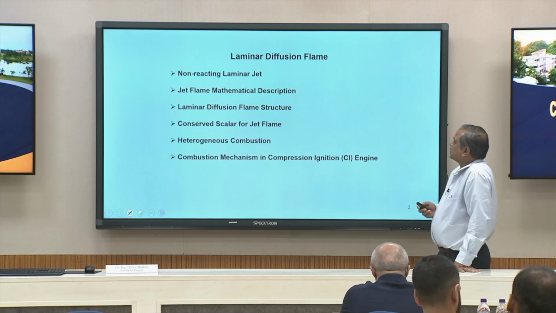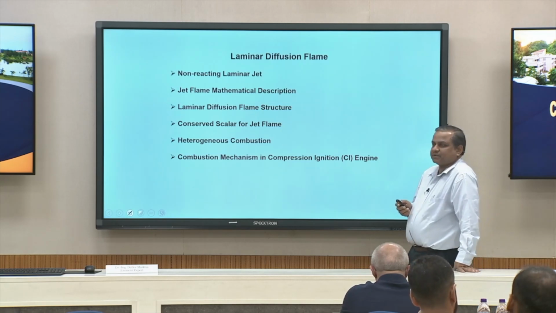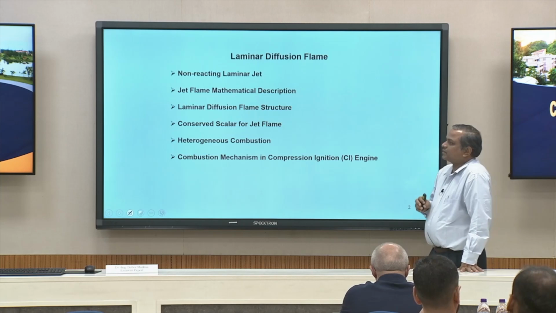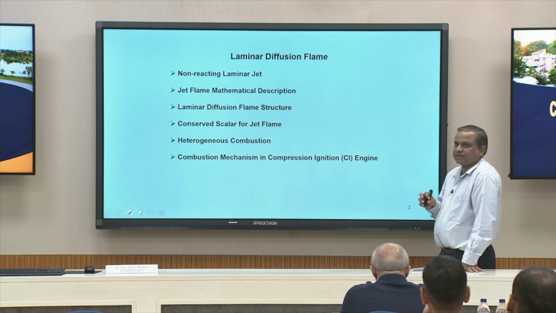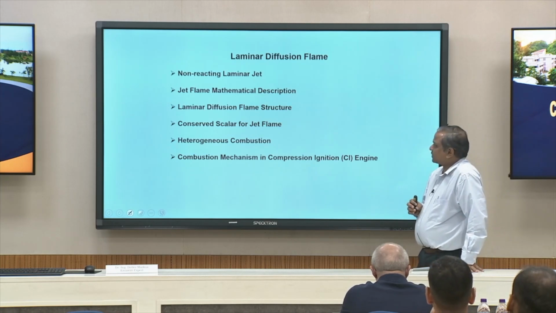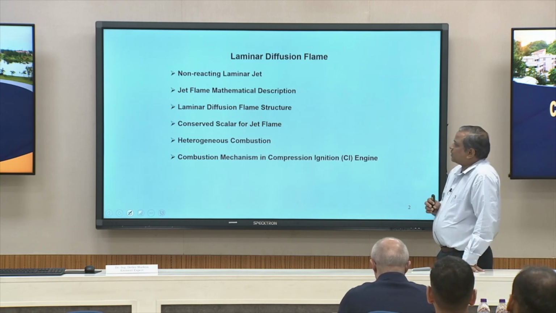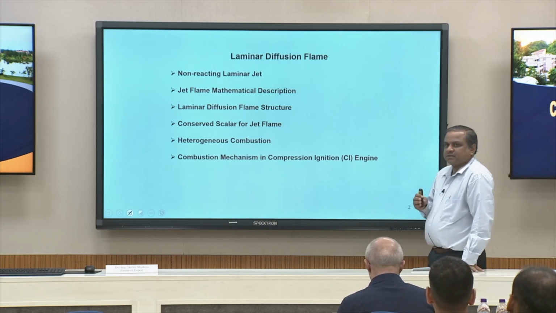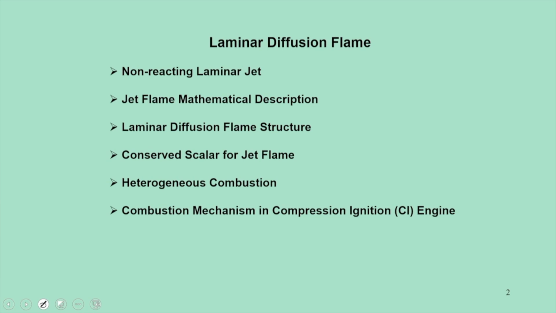Now where do we encounter this kind of flame? When there is no premixed air-fuel charge. Normally in some cases, we get a laminar premixed flame, but once it interacts with the surrounding air, the flame also takes oxygen from the outside ambient.